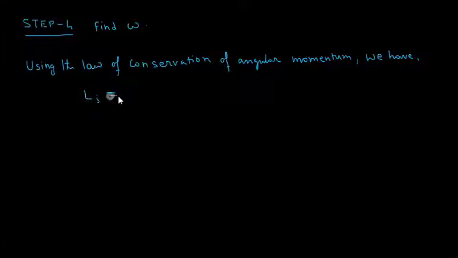Using the law of conservation of angular momentum, we have L initial is equal to L final. Instead of L initial, we can write I1 omega 1 plus I2 omega 2. Instead of L final, we can write I1 plus I2 times omega.